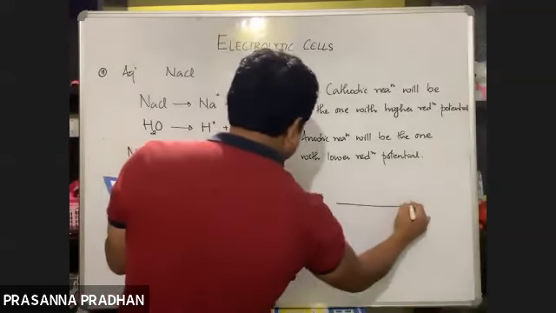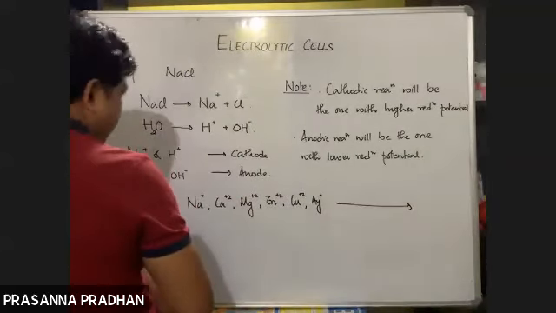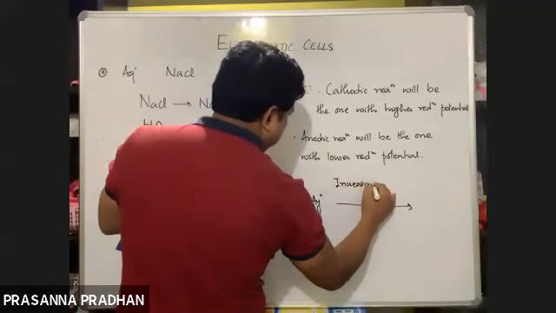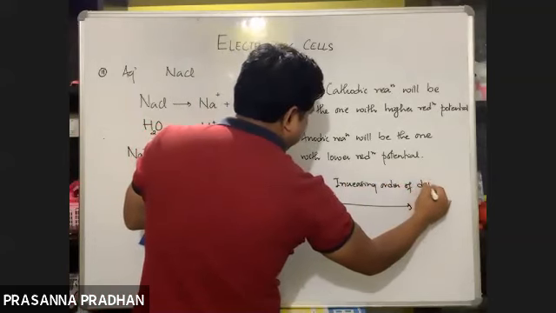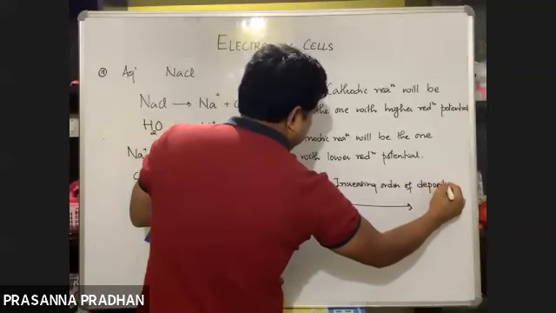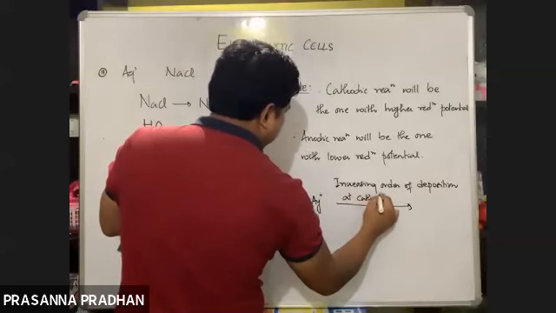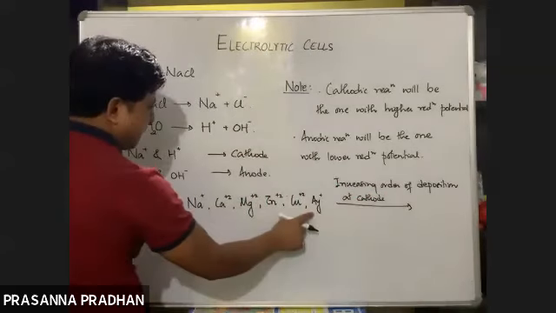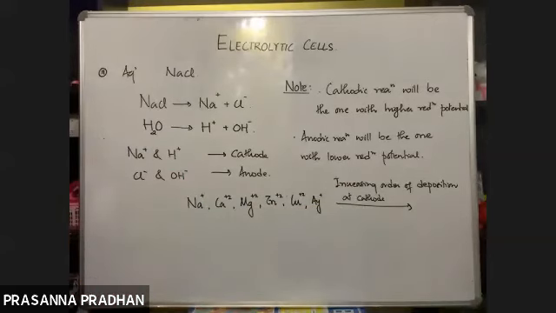These are arranged in increasing order of deposition at the cathode. So this means if there is a competition between silver and sodium ion, silver ion will get deposited rather than sodium ion.